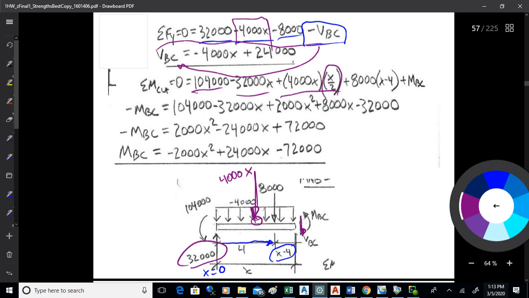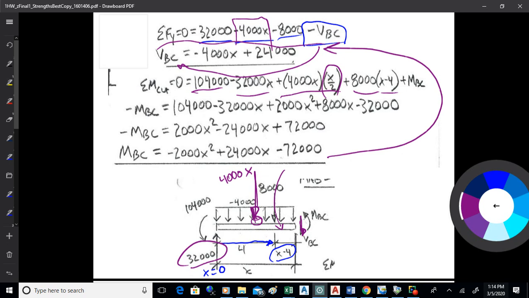That's what that is. And then I've got the 8,000 times X minus 4. That's a positive, because that's coming around counterclockwise too. And then plus MBC. And then I just work through the algebra there and solve for MBC. And as I've mentioned, a good check is always the derivative of the moment should get you to the shear. Okay. So we got any questions on that one?